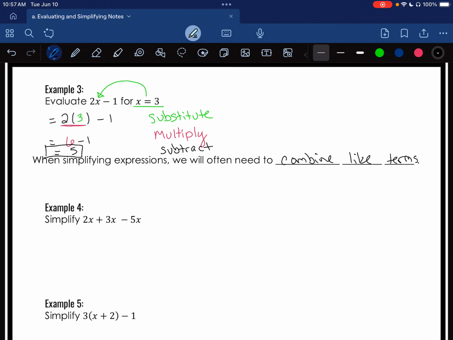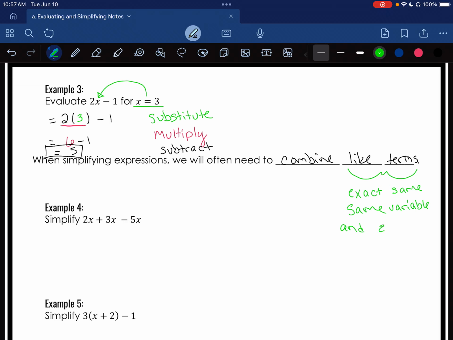When I say like terms, what I mean is that they have the exact same variable and exponent. So x's can only be combined with x's, y squareds can only be combined with y squareds.